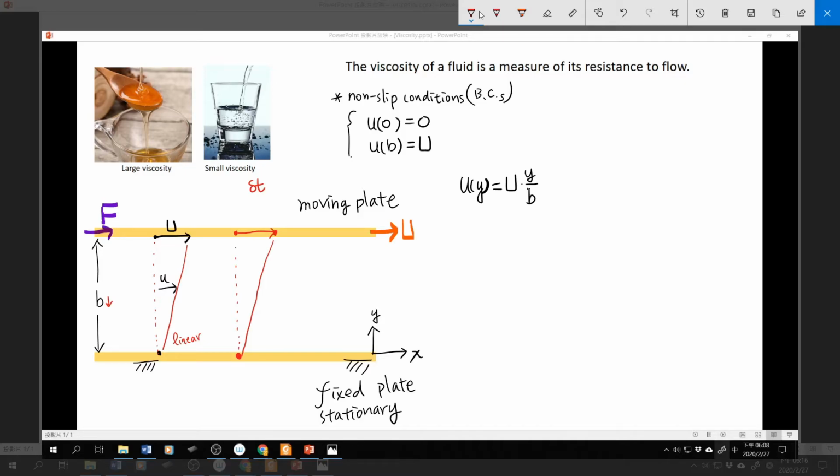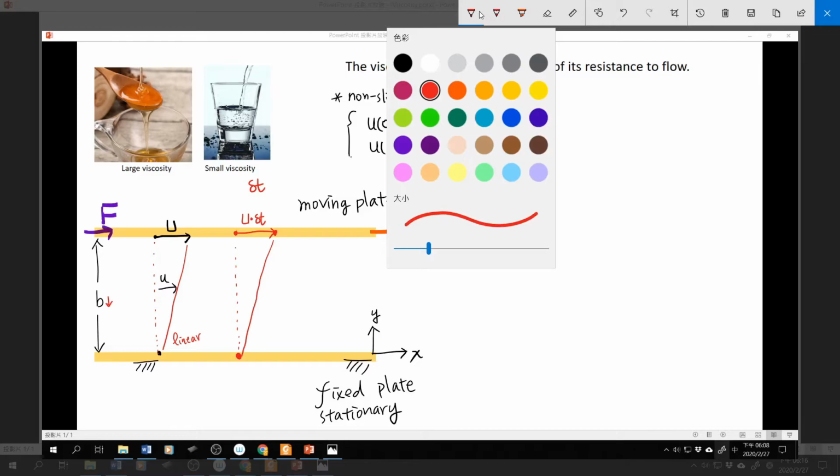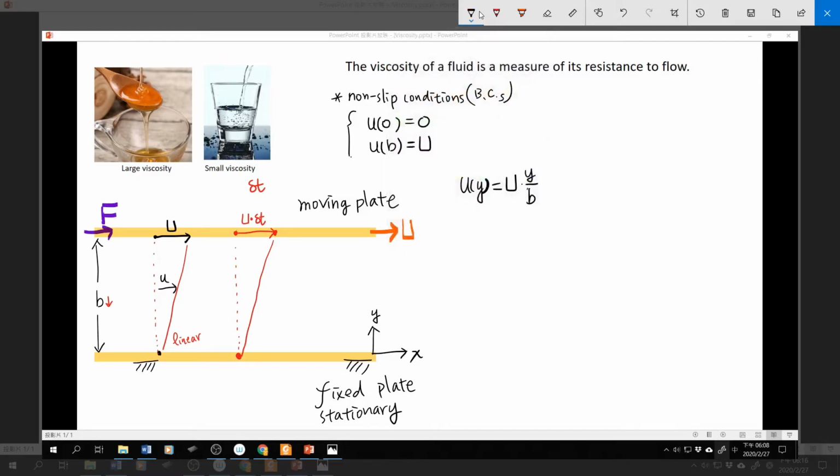Because you know that its velocity is u, and it experiences a small time increment, which means the displacement is equal to u times delta t, and we give it a parameter. We call it delta alpha, okay?